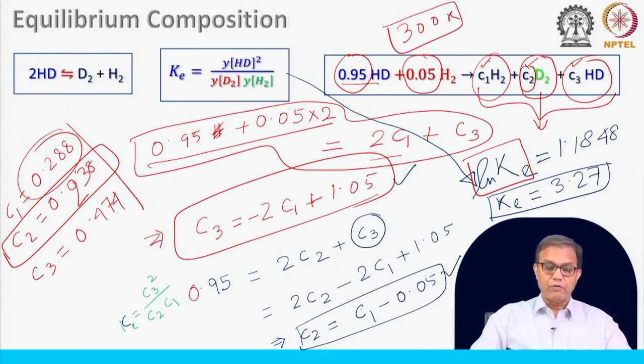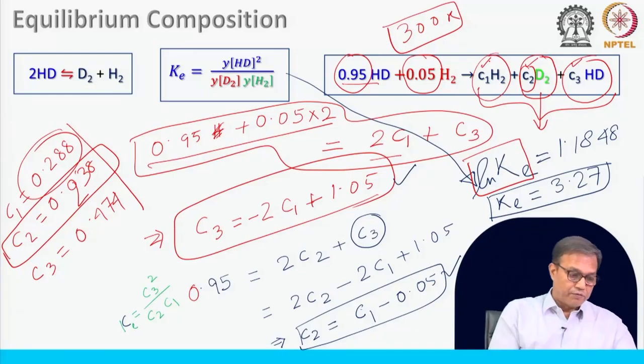This is how it takes place in an actual system. With adequate refrigeration and heating we can first enrich the hydrogen deuteride and from there we can get the deuterium. Fine.